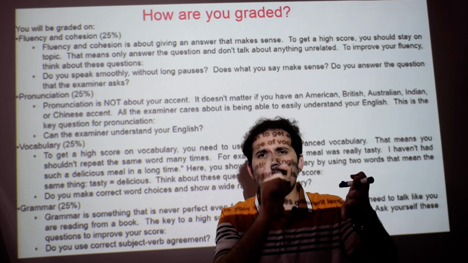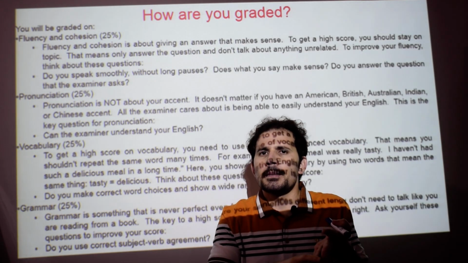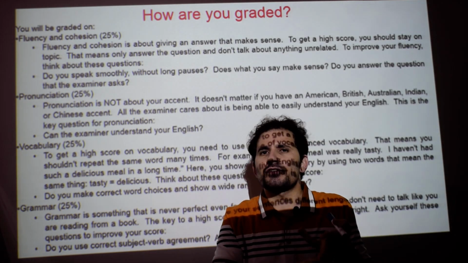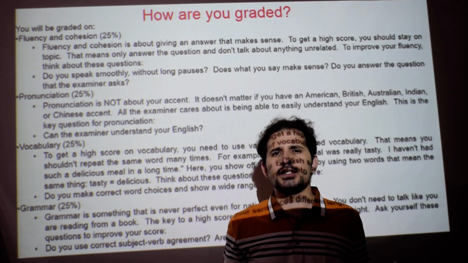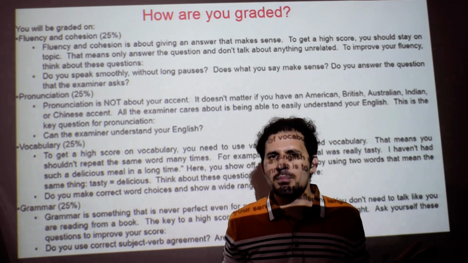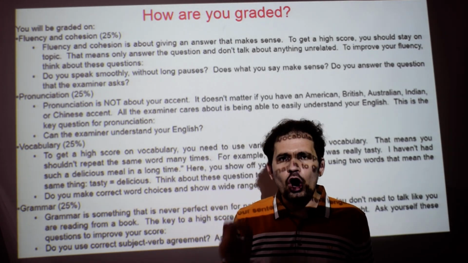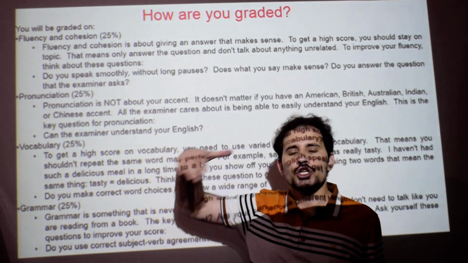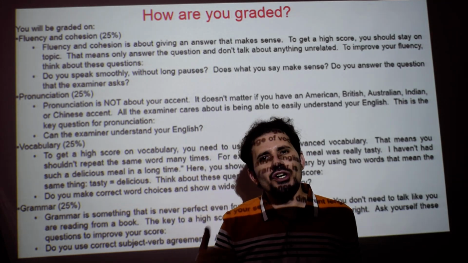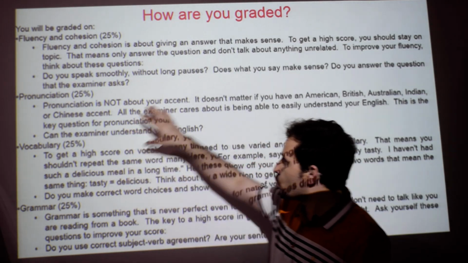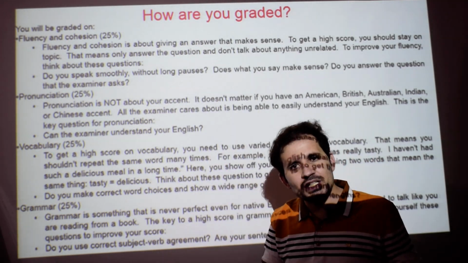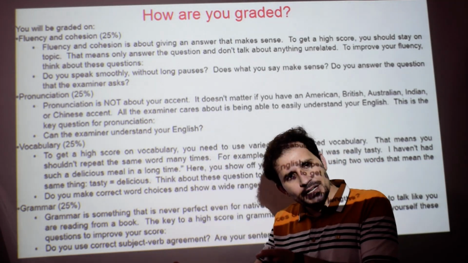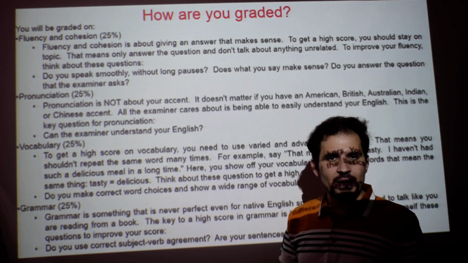If you have an Indian accent, Pashto accent, American accent, Canadian accent, or Australian, whatever accent you have, you're not going to be given marks on the basis of your accent. Only pronunciation matters: do you pronounce the words correctly or not? That is very important. Does the examiner understand what you say to him or not? If he understands what you say, you will be given a good band in IELTS.